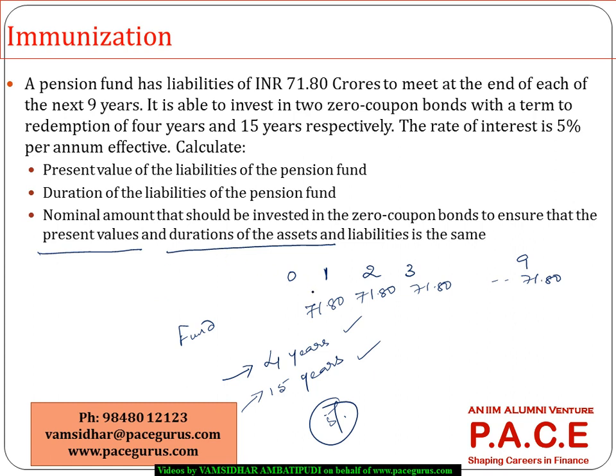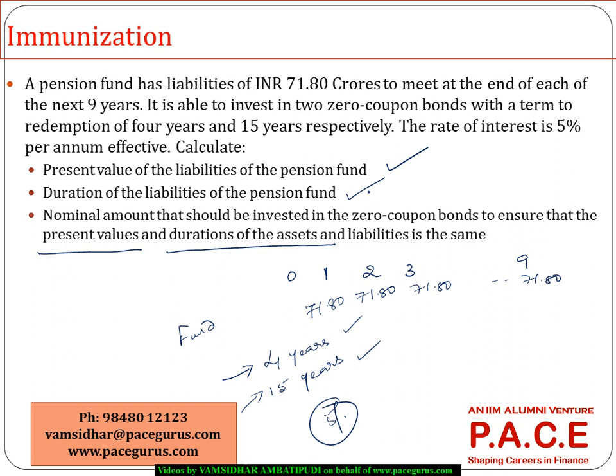For that, first of all, I need to find out the present value of the liabilities as well as the duration of the liabilities so that I can decide how much to be invested in the assets so that the present value of the assets becomes equal to the present value of the liabilities, and the duration of the assets becomes equal to the duration of the liabilities.